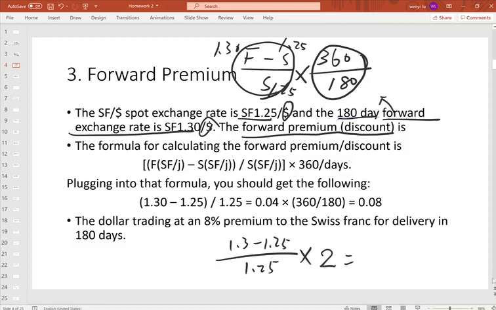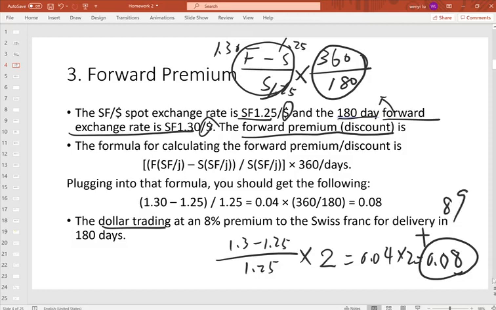So 0.04 times 2 equals 0.08. What does this mean? This is positive, which means our dollar is trading at an 8% premium to the Swiss franc, with maturity of 180 days, right? For delivery days. Your dollar is trading with an 8% premium.